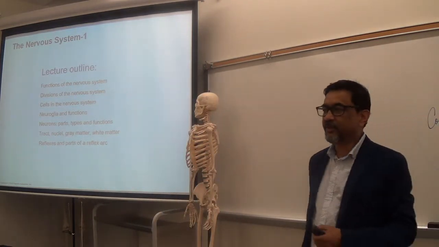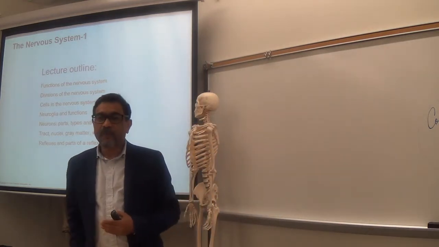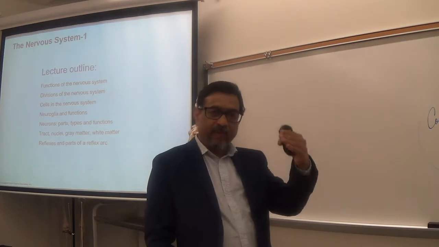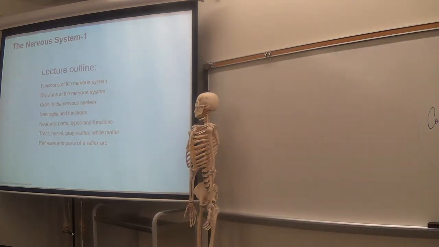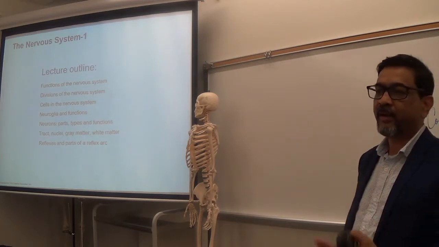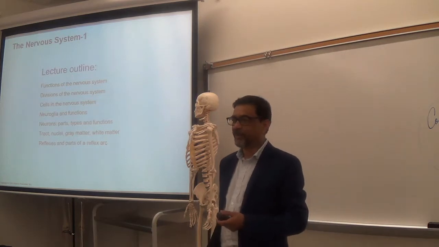The endocrine system is relatively slower, because the nervous system acts by what? Electrical signal transmission, right? The endocrine system works by releasing hormones. That's why it is relatively slower.